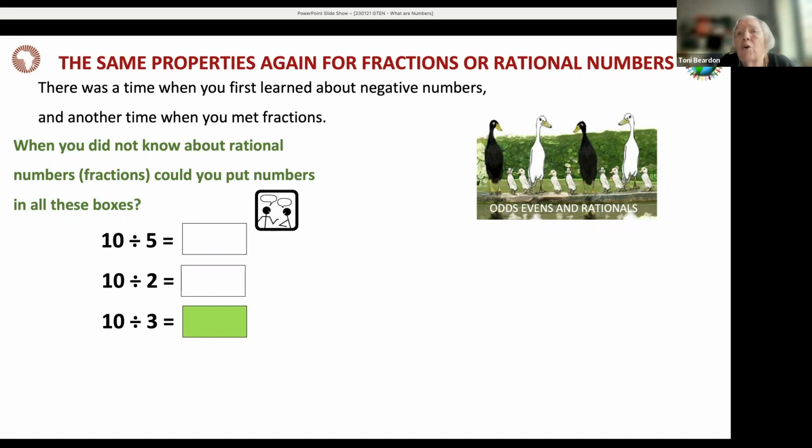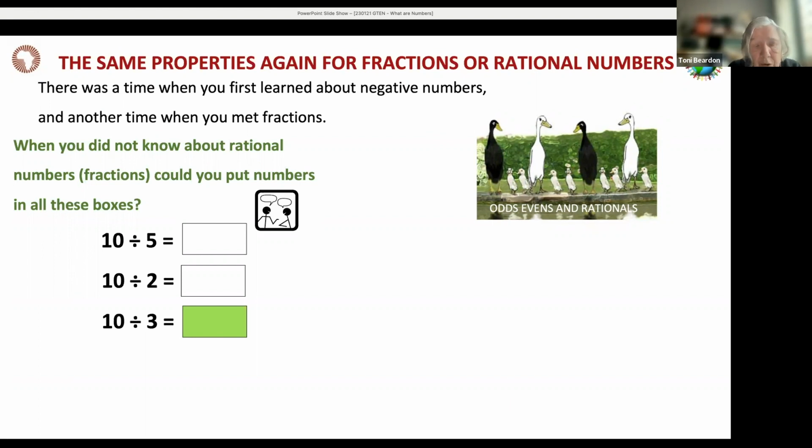Fractions are called rational numbers by mathematicians, but we call them fractions in school most of the time. There was a time when children first learned about negative numbers, and another time they met fractions. When you didn't know about fractions, could you fill those boxes?